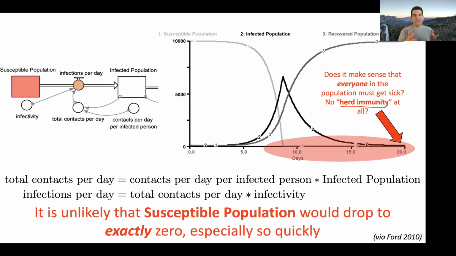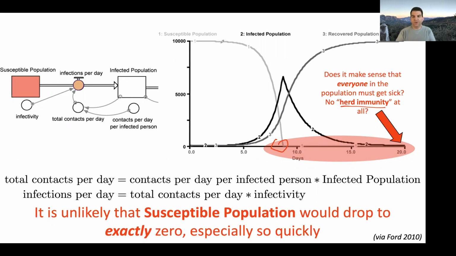Right now, this model, without modifying it, has no ability to produce herd immunity because it will always bring the susceptible population to zero. That basically means there can never be herd immunity, so we cannot study herd immunity with the model that we built. The model that we built probably works early on in a disease spread. But later in disease spread, when it's harder to find susceptibles, our model will not be accurate. And that's why we need to fix it.